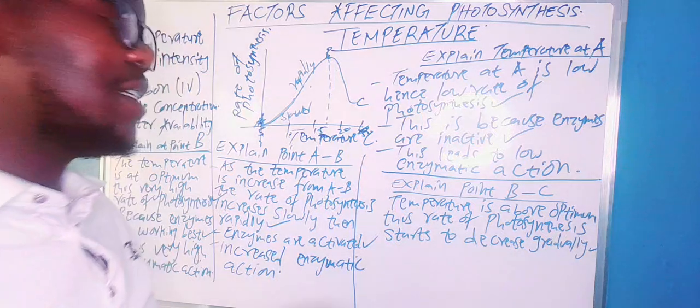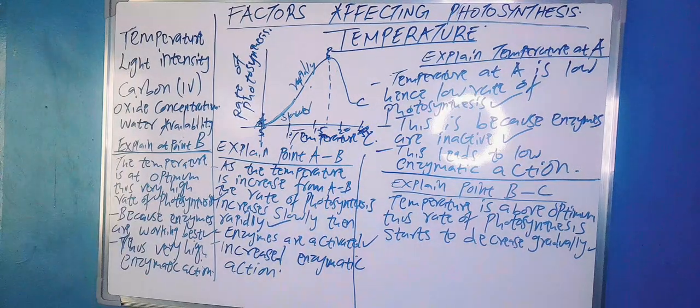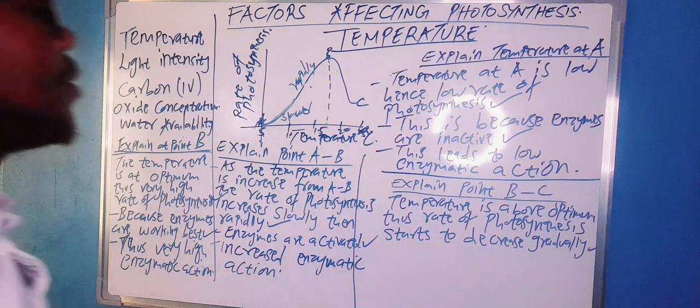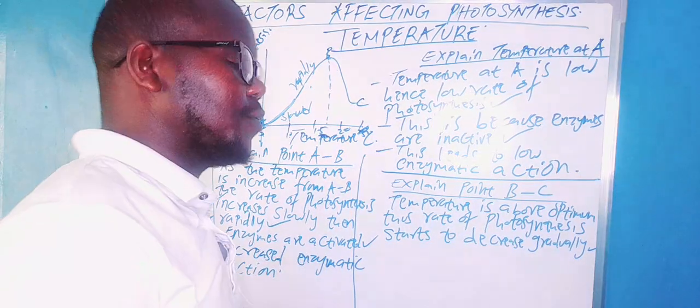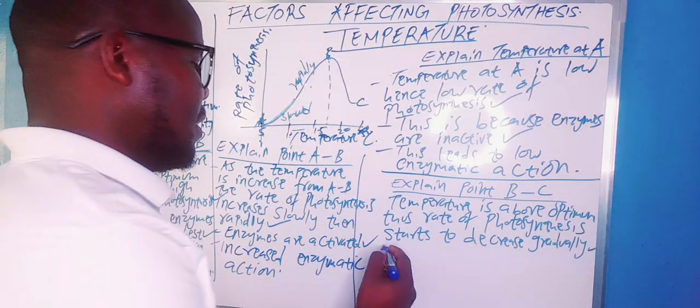We are speaking of the first mark. You're saying our temperature is above optimum, and when it is above optimum, what is happening at that point? The rate of photosynthesis will tend to decrease gradually. That is the first mark.